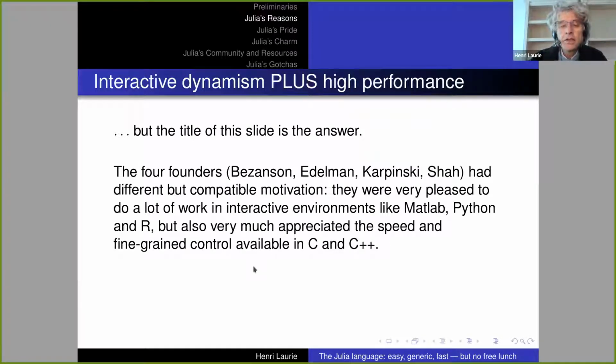So the four founders had interesting overlapping careers, to some extent via MIT, to some extent by a company that Edelman was involved in. Edelman is a professor at MIT, and he was also a founder of a company called Interactive Supercomputing. Bezanson and Shah started working at that company, and Karpinski and Shah had been students together.